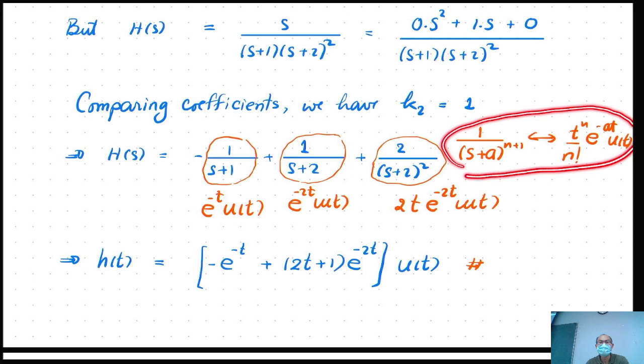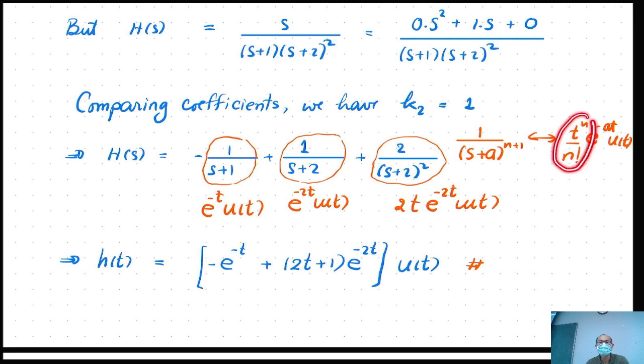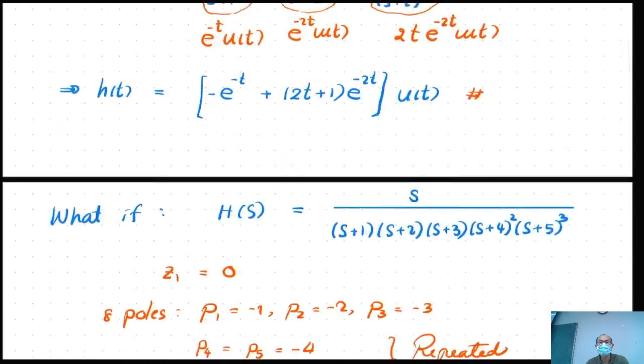In this case, n is equal to 1 because we have the second power here. So when we plug in n equal to 1, we're going to get t e to the negative 2t, and then we have u(t) back. Now that was for repeated poles.